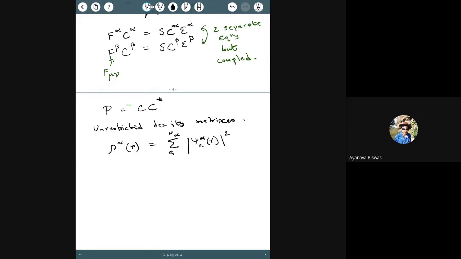Similarly for beta, I'm not writing it for beta. And you can have a total density function, which is simply the sum of the alpha density function and the beta density function. When you integrate the total density function, of course, you get the total number of electrons.